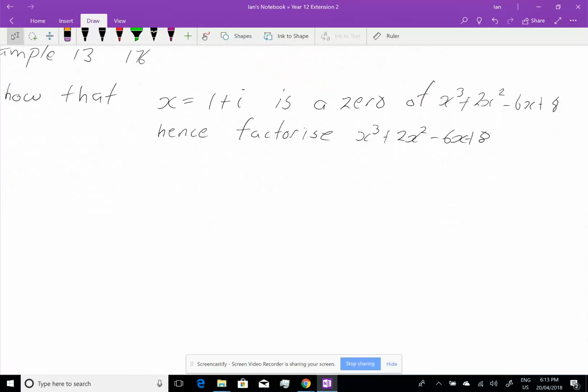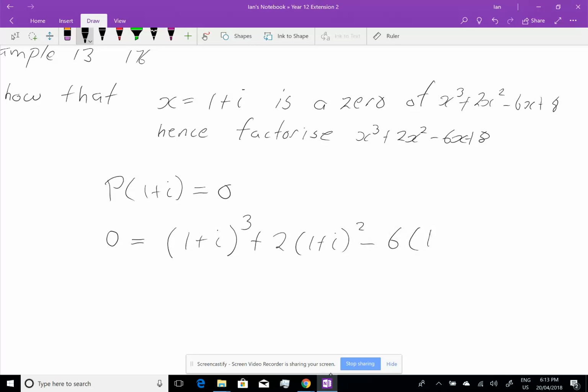Okay, if 1 plus i is a factor, well then p of 1 plus i must equal 0. So 0 equals (1 plus i) cubed plus 2(1 plus i) squared minus 6(1 plus i) plus 8.